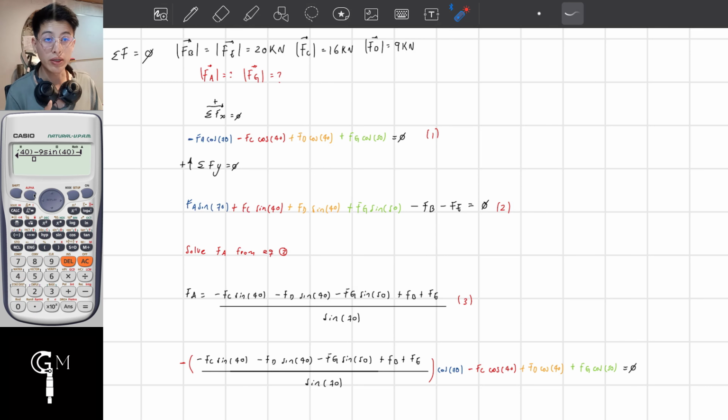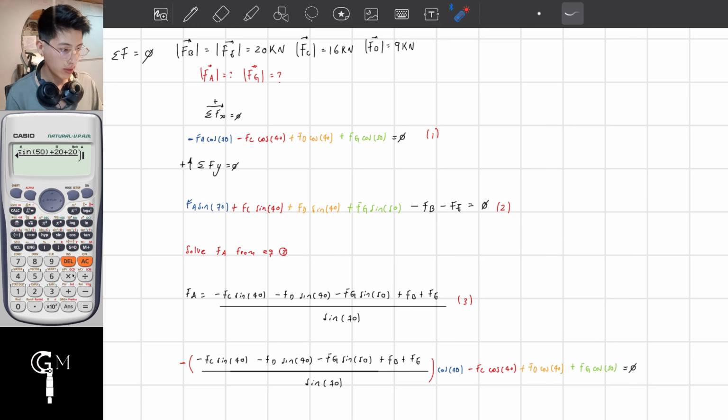I'm going to call it X within the calculator, so X sine of 50 plus FB plus FE, which is plus 20 plus 20. All this divided by the sine of 70.